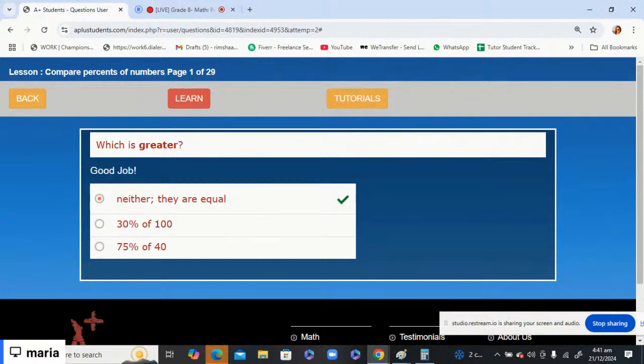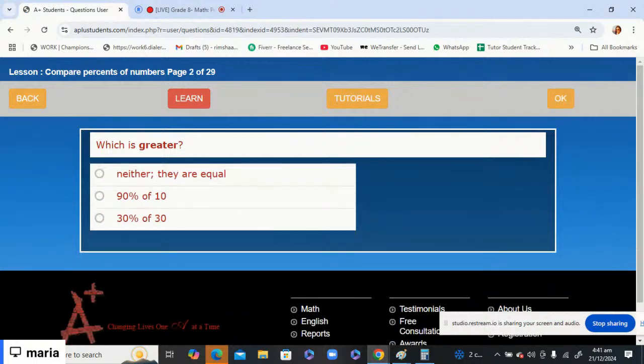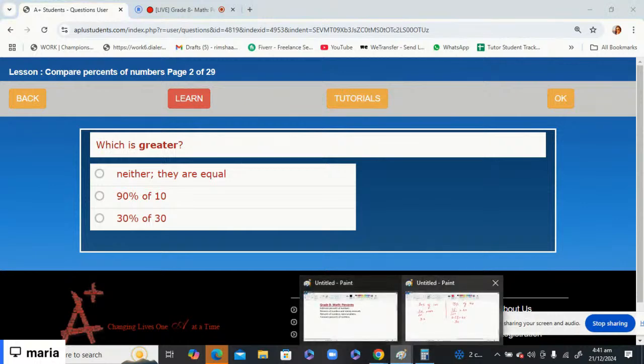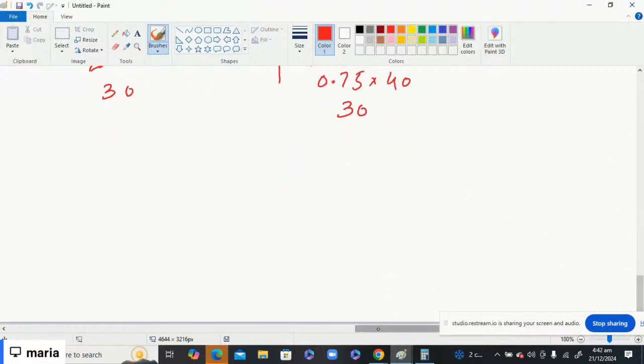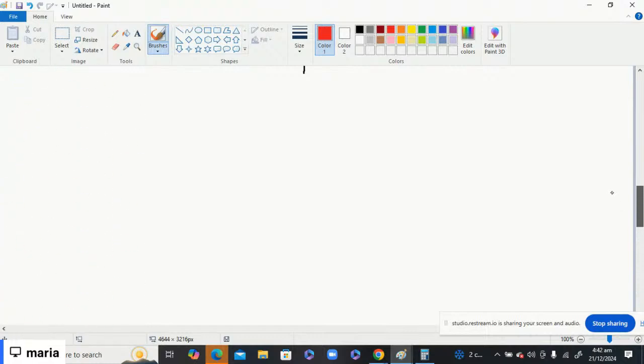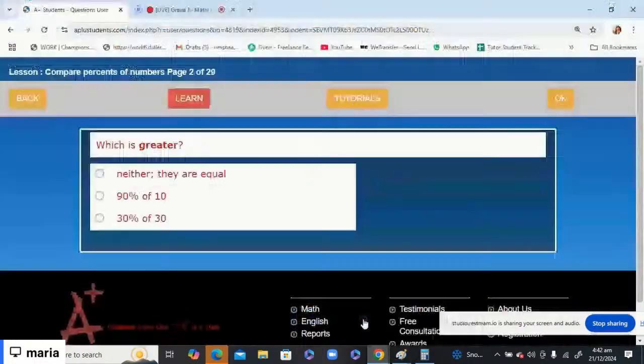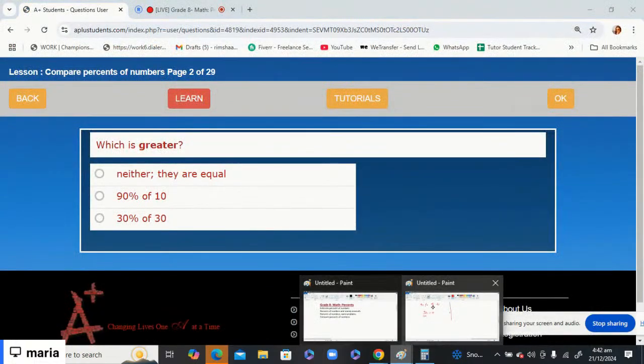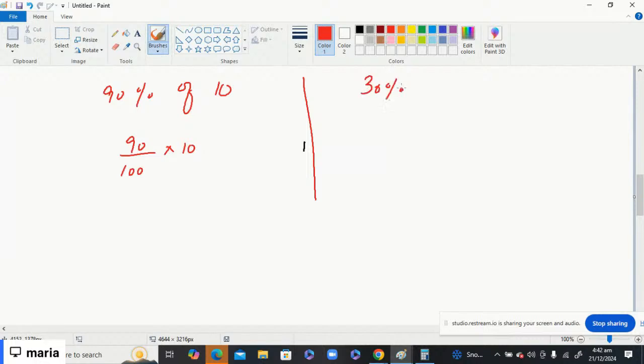Okay, what is greater? 90% of 10, 30% of 30. Let's check. 90% of 10, and 30% of 30.